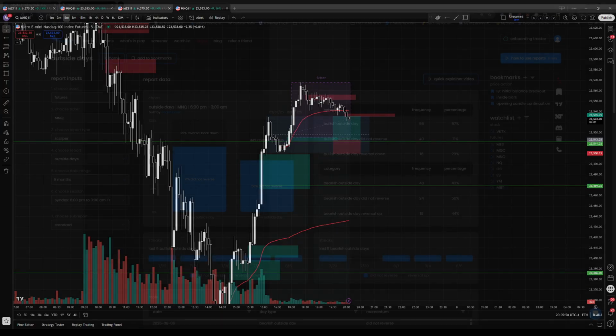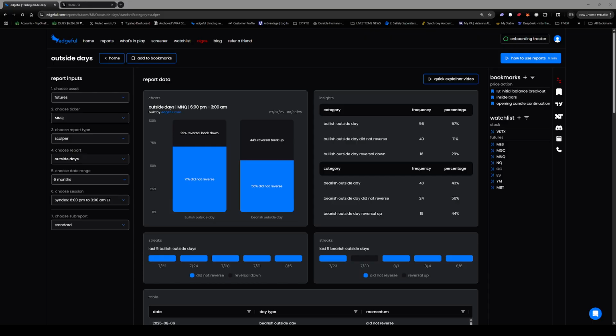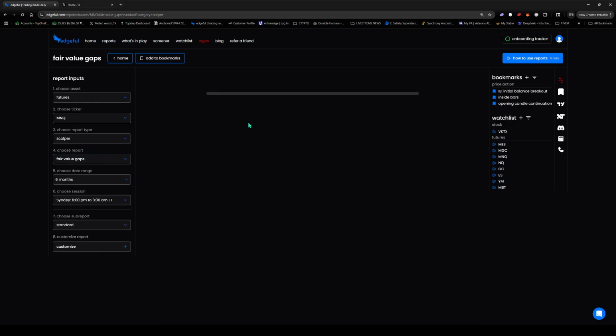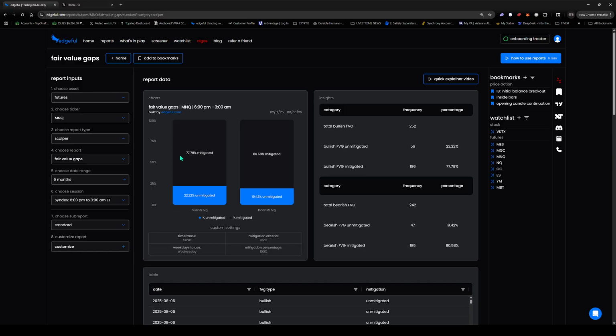While we're at it, let's go into the browser and take a look at the fair value gap report. We already know about the outside day, so we don't need to open up this report. We're going to go into fair value gaps. So during the Sydney session, we know that fair value gaps are going to be mitigated about 77% of the time over the last 6 months.